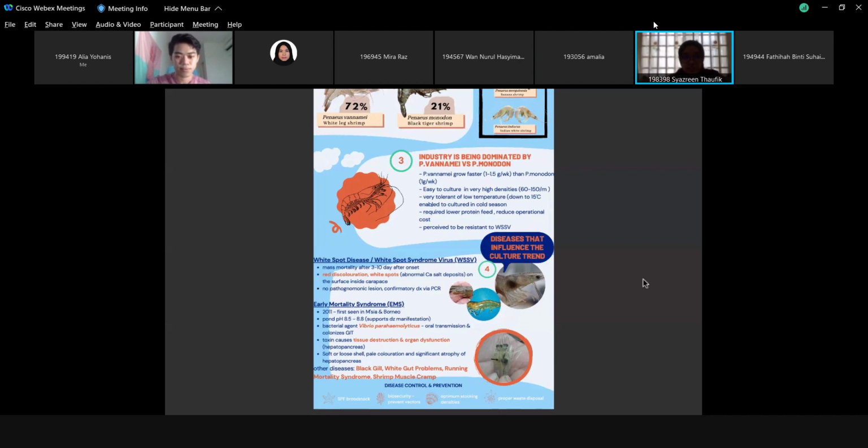There's no gross lesion, but we can confirm this disease through PCR tests. The next disease that can influence the culture trend is early mortality syndrome, which was first seen in 2011 in Malaysia and Borneo.